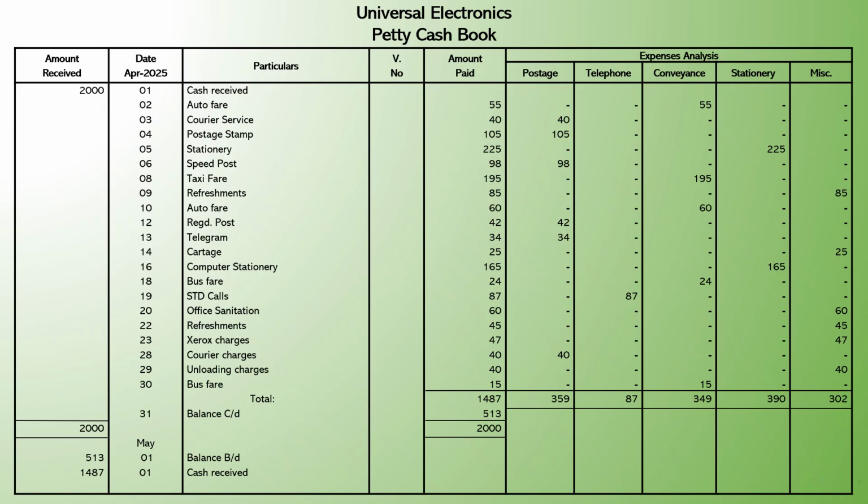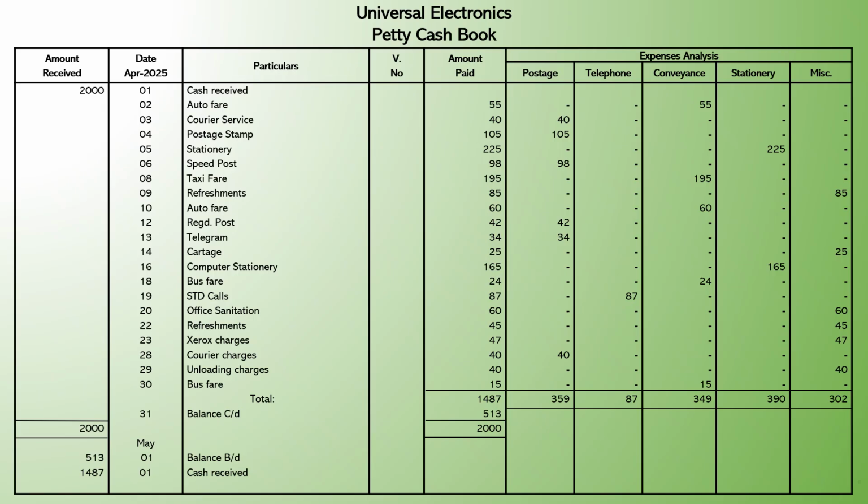April 16, computer stationery ₹165, enter as payment and also under stationery. April 18, bus fare ₹24, enter as payment and also under conveyance. April 19, STD calls ₹87, enter as payment and also under telephone.